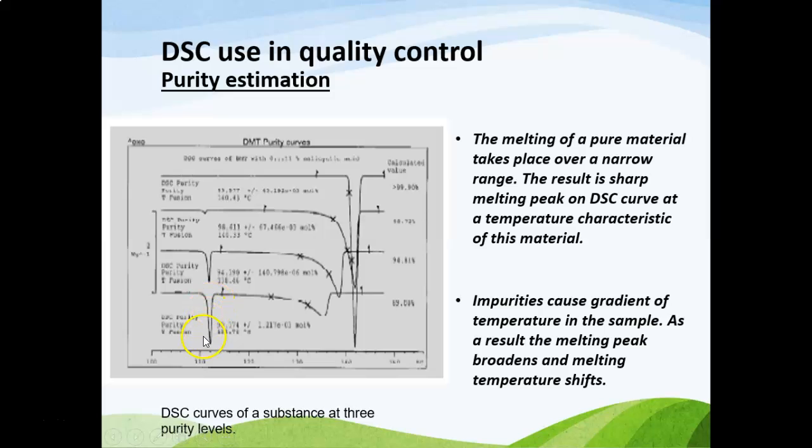Okay, this one is the pure material, and the result is a sharp melting peak on the DSC curve at a temperature characteristic of this material. The impurities will cause a gradient of temperature in the sample. As we can see, the peak is shifted, right? As a result, the melting peak broadens and the melting temperature is shifted.